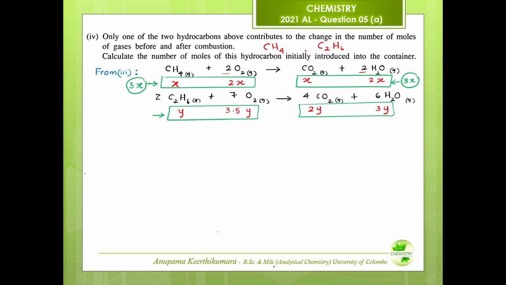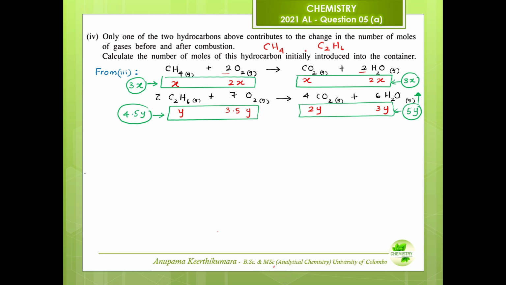Y plus 3.5Y, so you can see it's 4.5Y moles initially present. Finally, it's 2Y plus 3Y, 5Y moles. Now this clearly explains that during the second reaction, the number of moles of the gaseous products has increased.